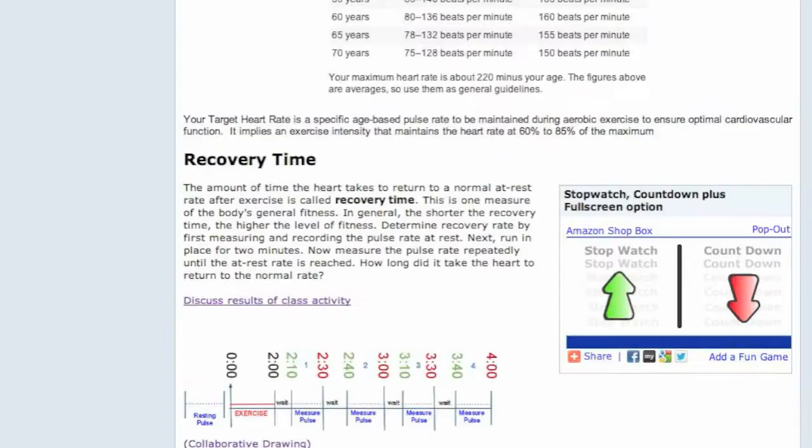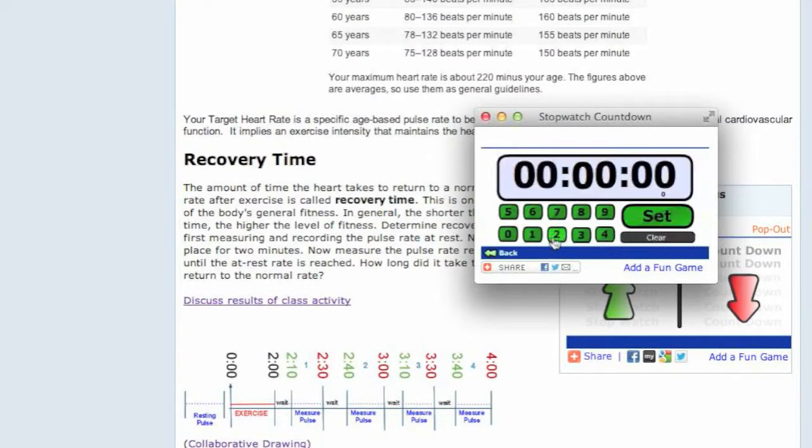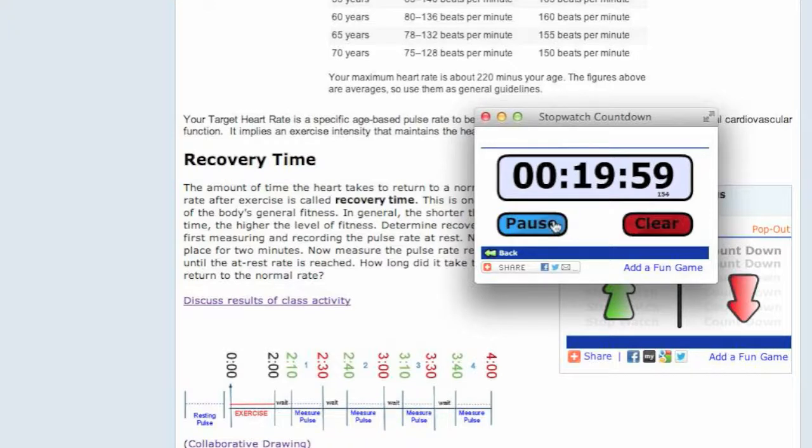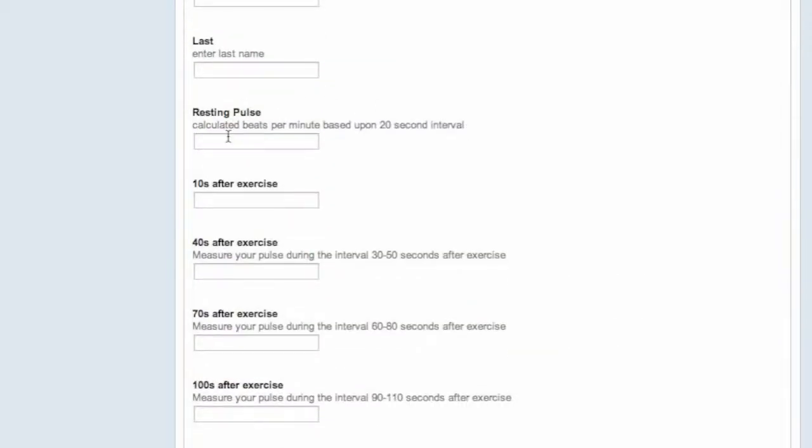They would take out a timer like this, set it up for 20 seconds, and then let the time start ticking, measure their pulse, and then enter their data into a form. And so we can see what their resting pulse was here, 10 seconds after exercise, and so forth.